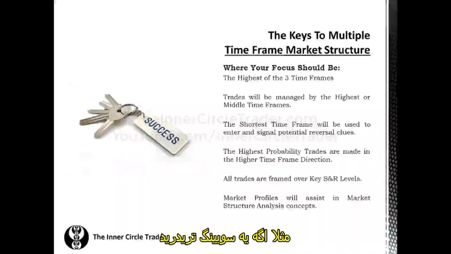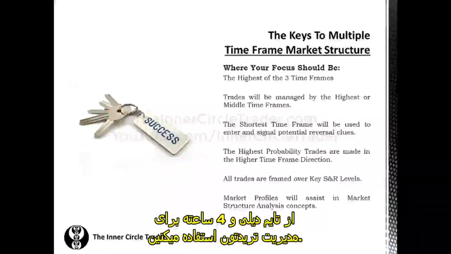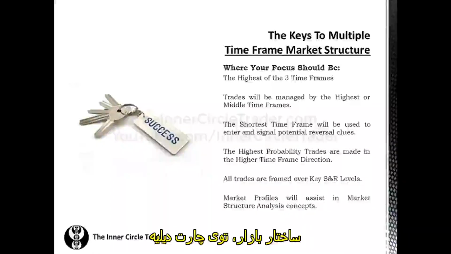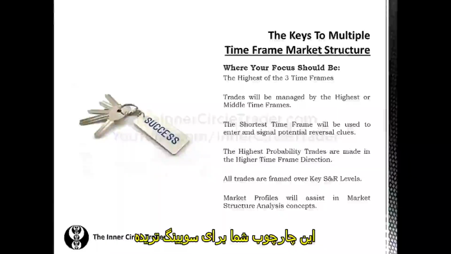In other words, if you are a swing trader, you're going to be utilizing the daily time frame or the 4-hour chart to manage your trade, but the daily is going to be utilized to facilitate the trade premise. In other words, that's going to give you your directional bias. The market structure on the daily chart is framing your swing trades.